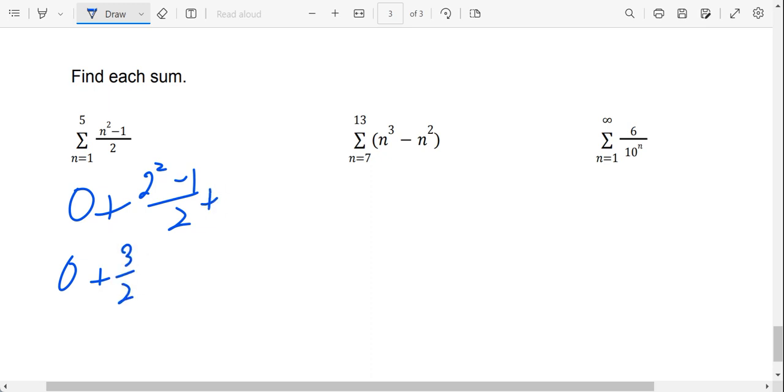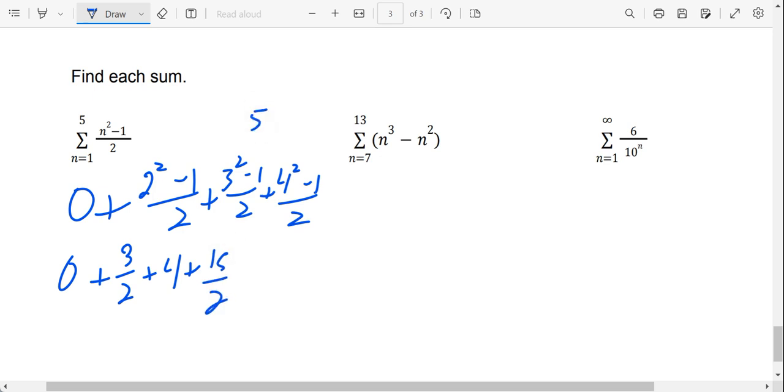I'm low in space here. 3 squared minus 1 over 2 will get me 4. 4 squared minus 1 over 2 will get me 15 over 2. And then 5 squared minus 1 over 2 will get me 12. So therefore, if I add all those up, I'll get 25.